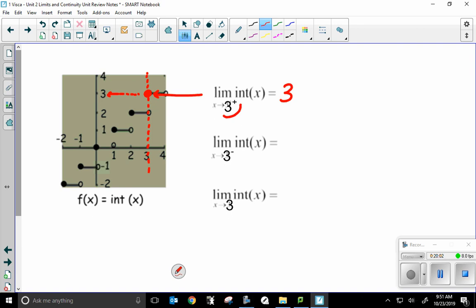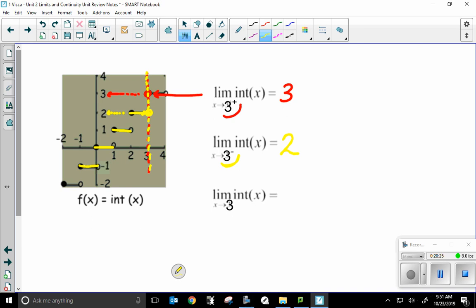But look what happens when I approach 3 from the left. I'm still approaching x equals 3, but I'm coming from the left side. So I have to follow the graph. Boom, then it jumps up, boom, then it jumps up, boom. As I get closer, it looks like it's approaching this point where y is 2.